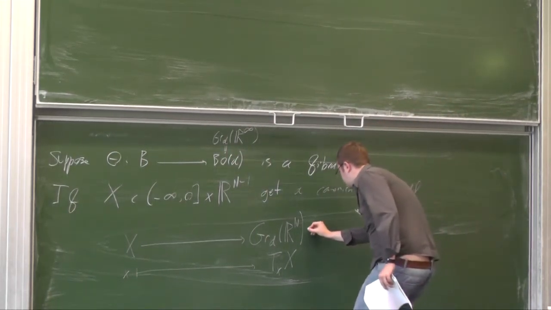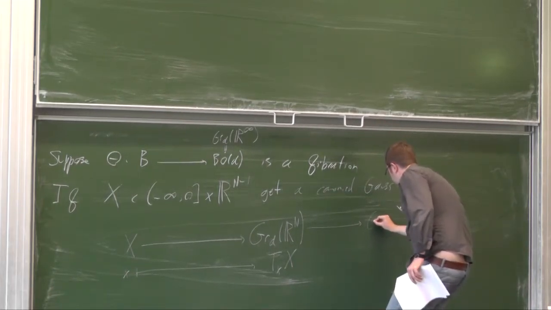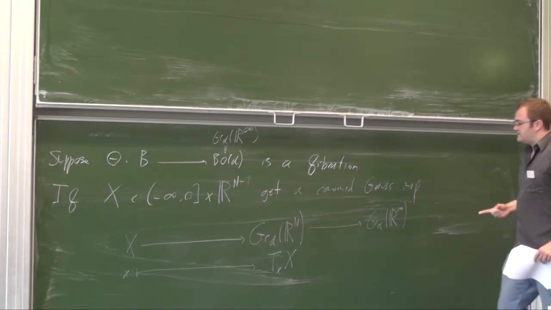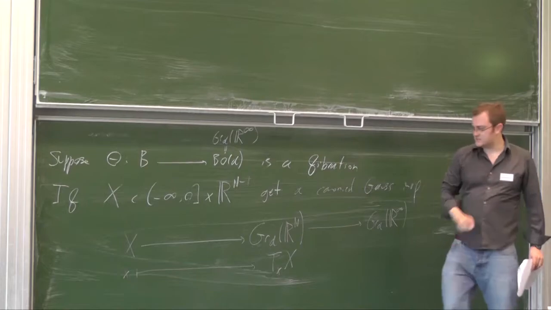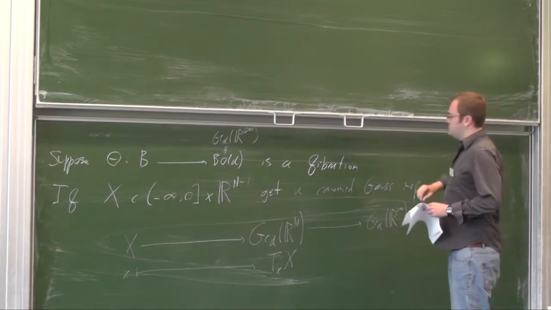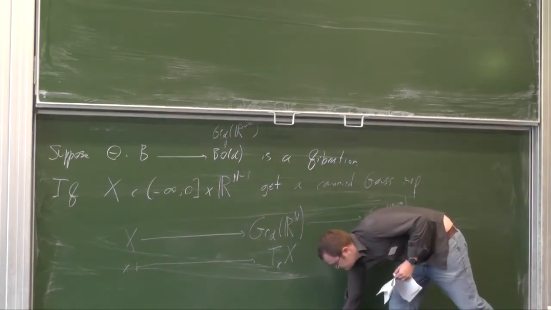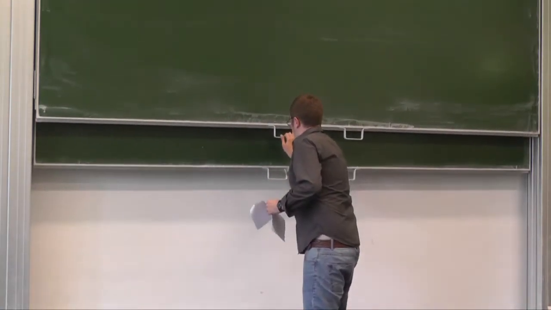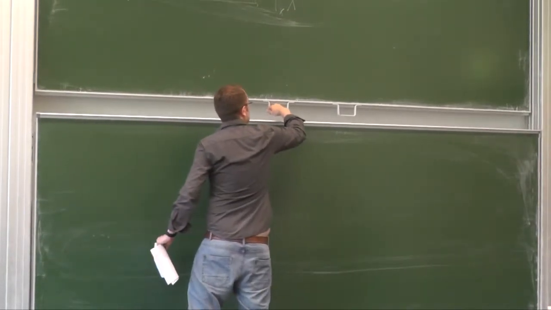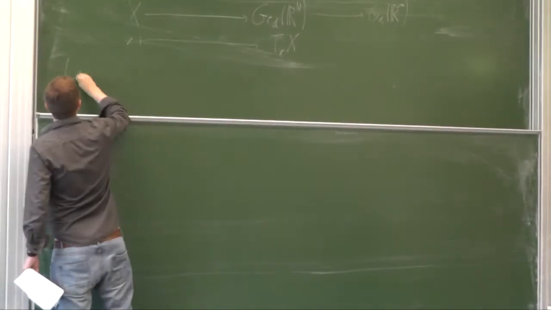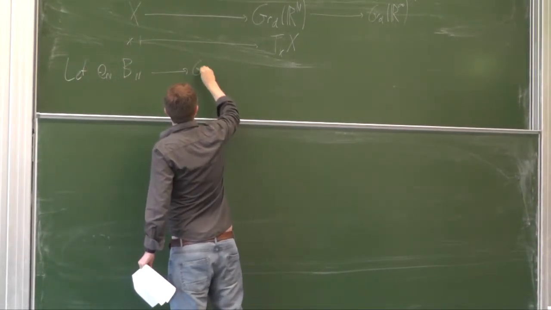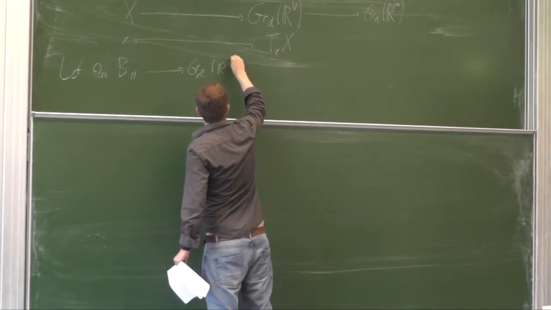So then I can just follow this, the inclusion of the Grassmannian of D-planes of Rn into the Grassmannian of D-planes in R infinity, and now I can talk about lifts along this fibration. Because this map is now completely canonical, I don't have to worry about making choices. So let B, that's theta n, so Bn, the pullback over the Grassmannian of D-planes in Rn.